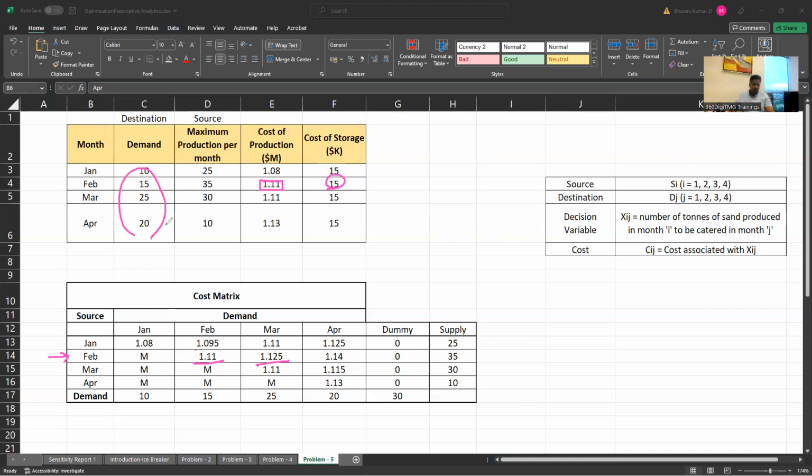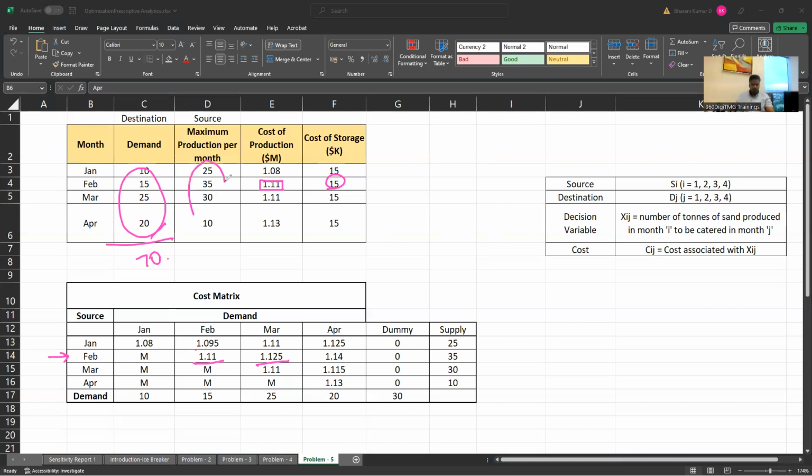And if you look at this, the total demand here, when you add it up, it's 10 plus 15 plus 25, which will be 50, then 70, right? 70 tons of sand is the demand that you have.